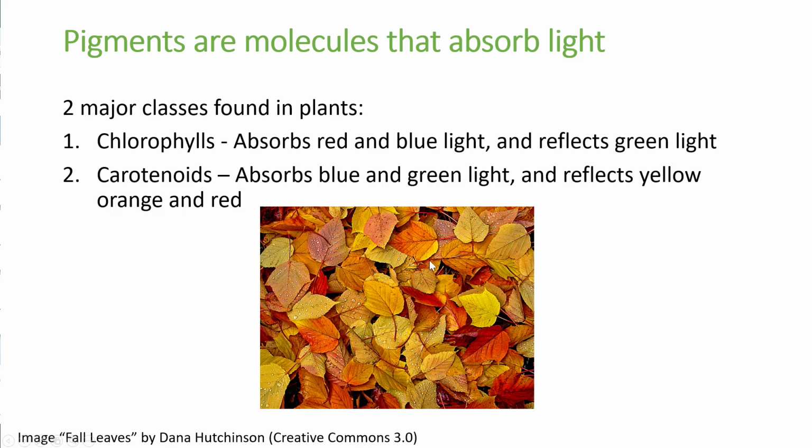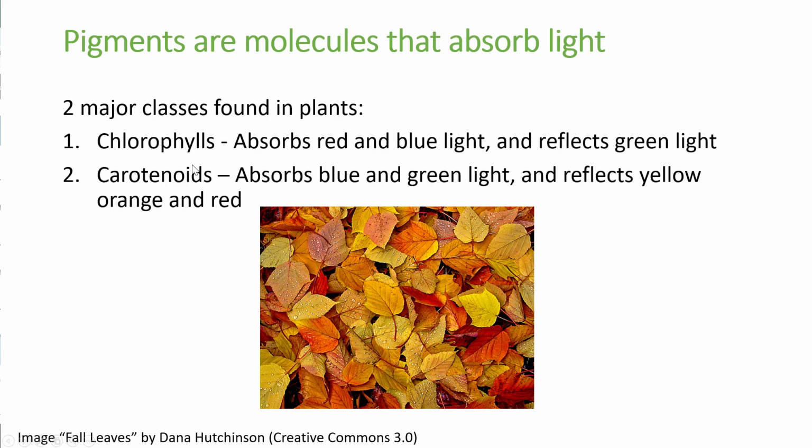So you're starting to see all those colors of the carotenoids. Normally you don't see them because there's so much more chlorophyll. So you tend to see the leaves as green because you're seeing all that chlorophyll. But as the chlorophyll breaks down, you see more of the other colors in the leaves.